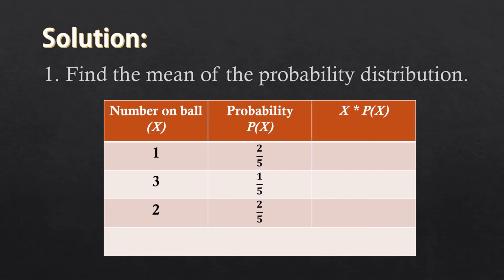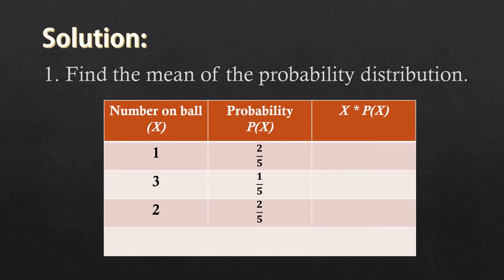To check if our probability distribution is correct, we need to get the sum of our probabilities. So 2/5 plus 1/5 plus 2/5 is equal to 5 over 5, which is also equal to 1. So this means that this probability distribution is correct.